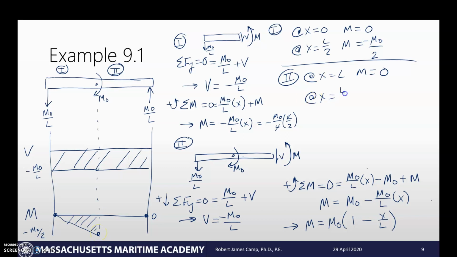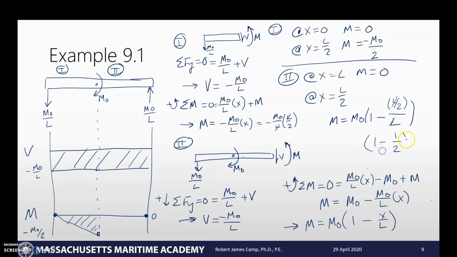So at x equals L over 2, I'll just plug it right in. M naught times 1 minus, so x is now L over 2 divided by L. Okay, and so now we can calculate this out. What is L over 2 divided by L? That's going to be a half, because the L's are going to cancel, and then you're going to have 1 half left.